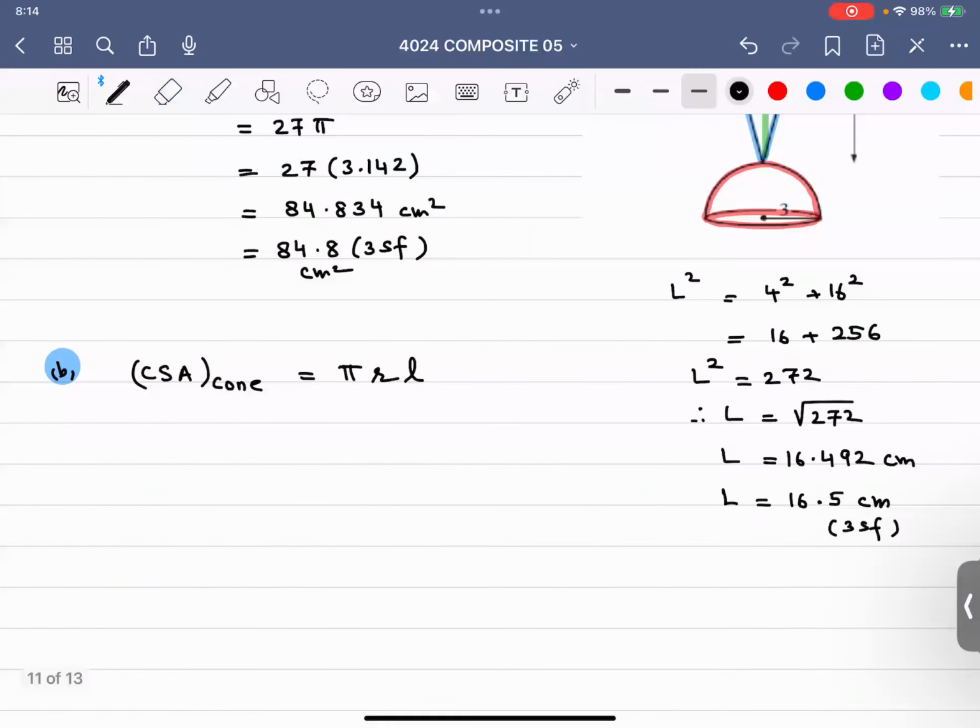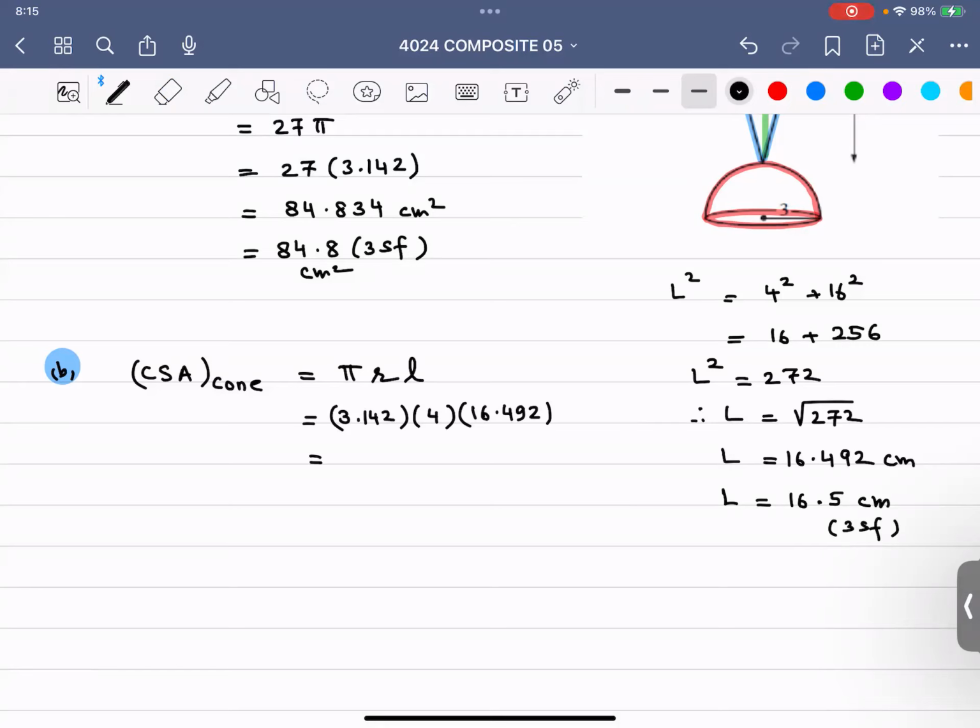Now over here, I should use the unrounded value. That is 3.142. Radius is 4. Slant height is L, that is 16.492. So 3.142 into 4 into 16.492.